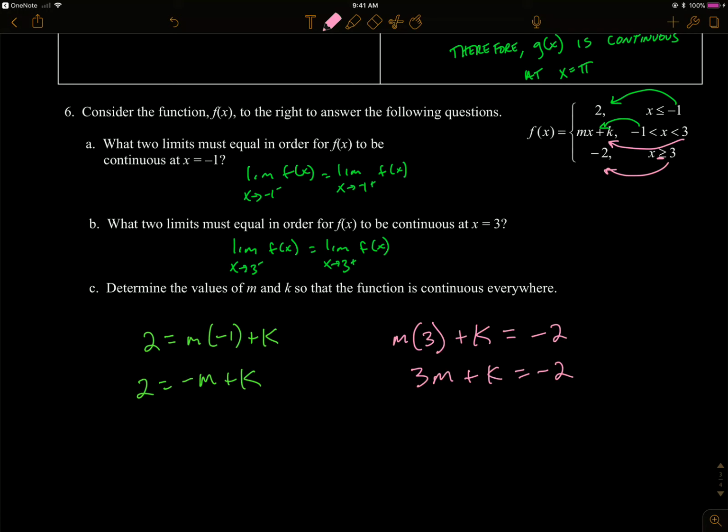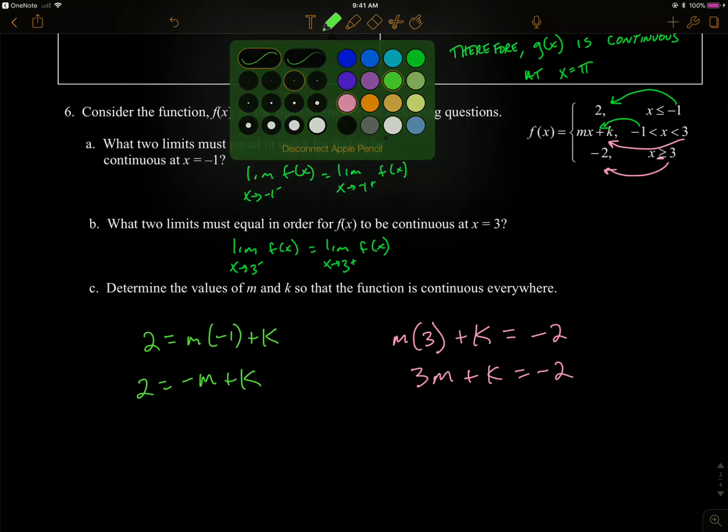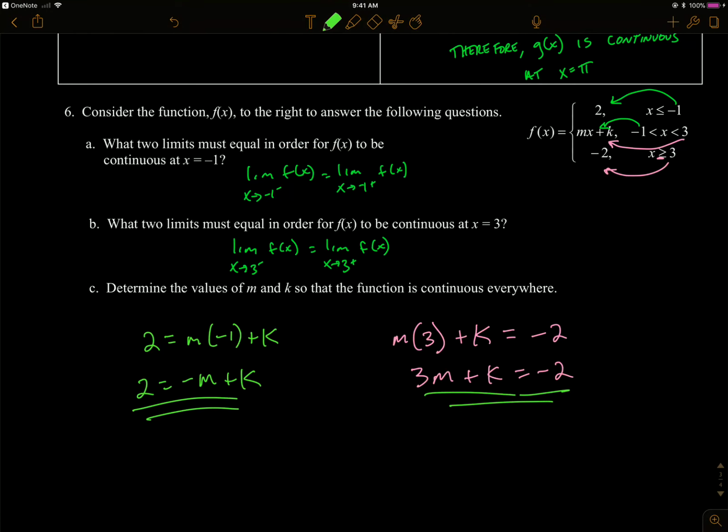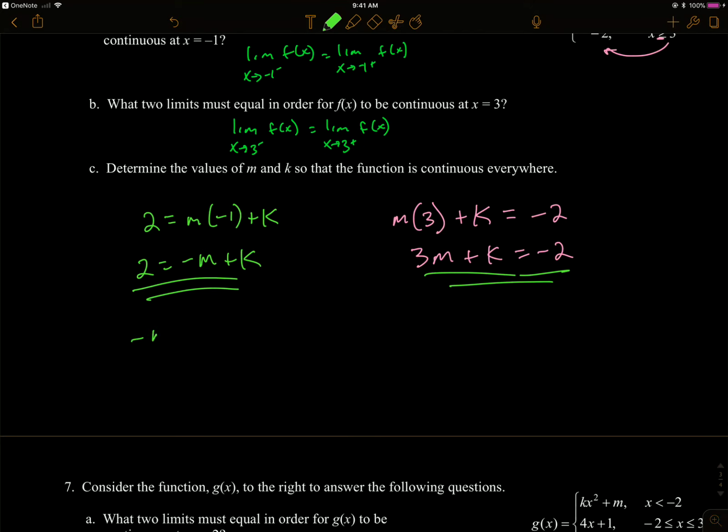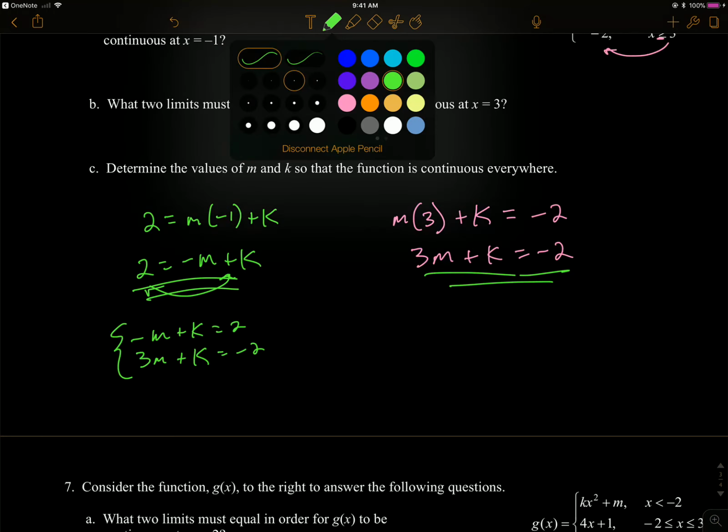There's my second equation. I can use these two equations to solve the system. So we're going to say -m plus k equals 2. I just flipped sides here. And the other equation will be 3m plus k equals -2. That's my system. I'm going to do elimination.